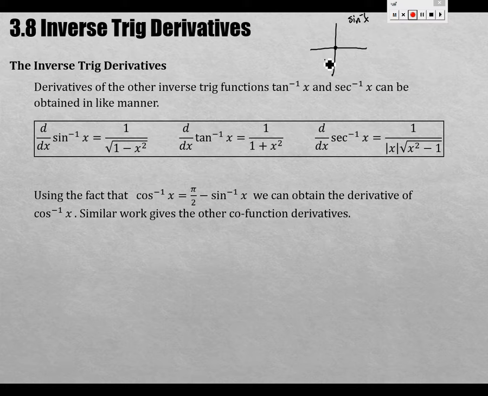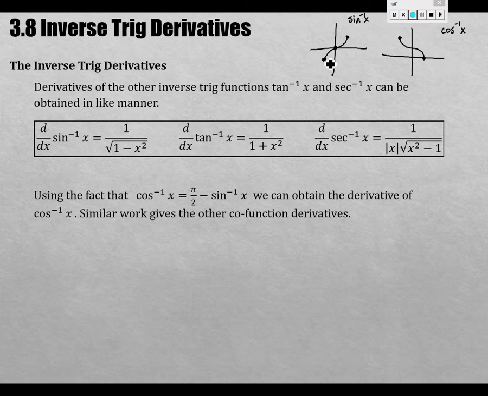Make sure I get it right. Cosine inverse looks something like this. Yeah? I mean, that's not a full argument, but it's certainly true that they are the same graph, actually.